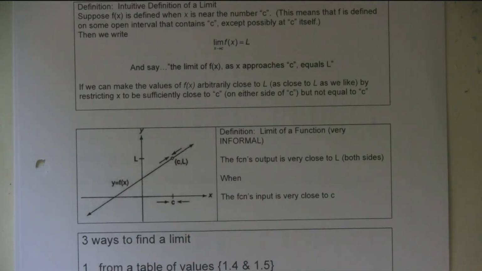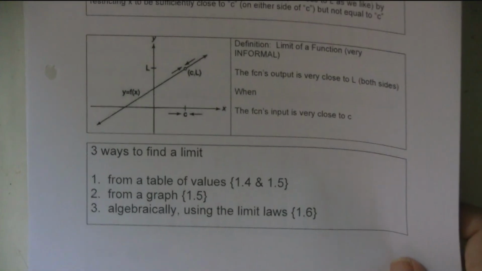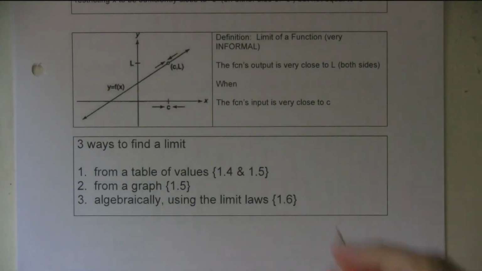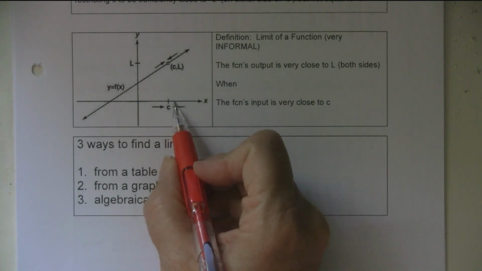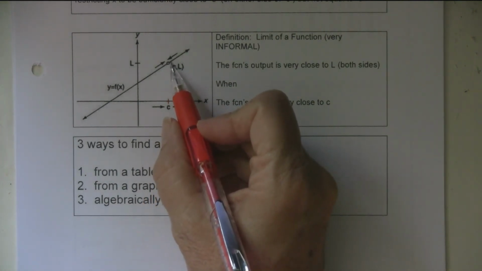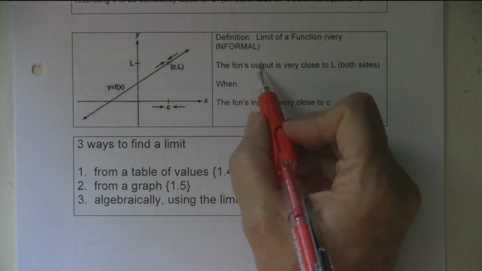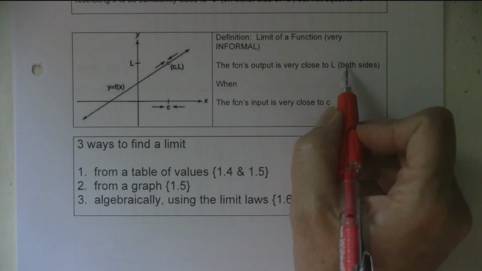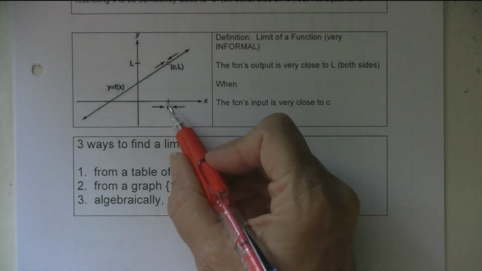So this is the picture, and I think pictures show things really well. What it's saying is, as I approach c from either side, the output is approaching L from both sides. And so the function's output is very close to L from both sides when the function's input is very close to c.